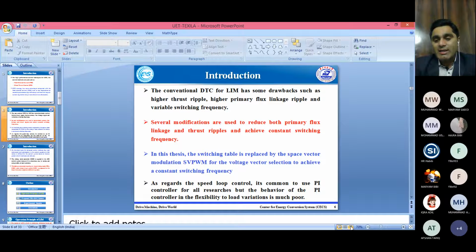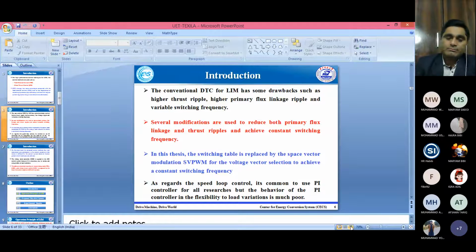For controlling, we use PI controllers, but PI controllers have some disadvantages. Here we are talking about speed control. Speed control under the PI controller has some limitation whenever a load is applied on the machine. For example, when a motor is used for an electric vehicle, any hill will come. So this controller has some disadvantage whenever load is applied.